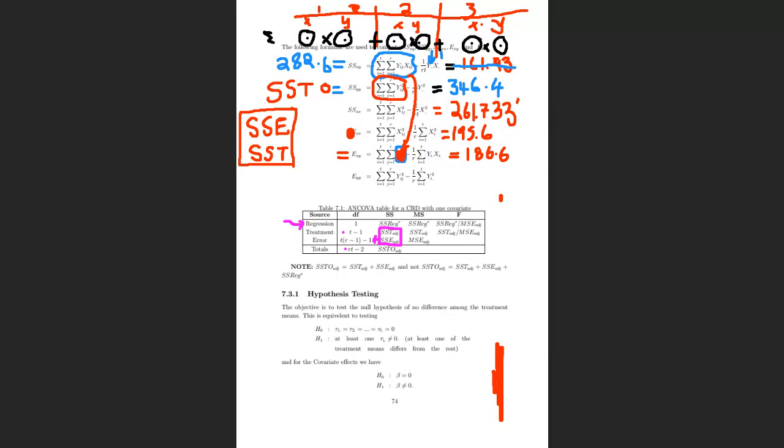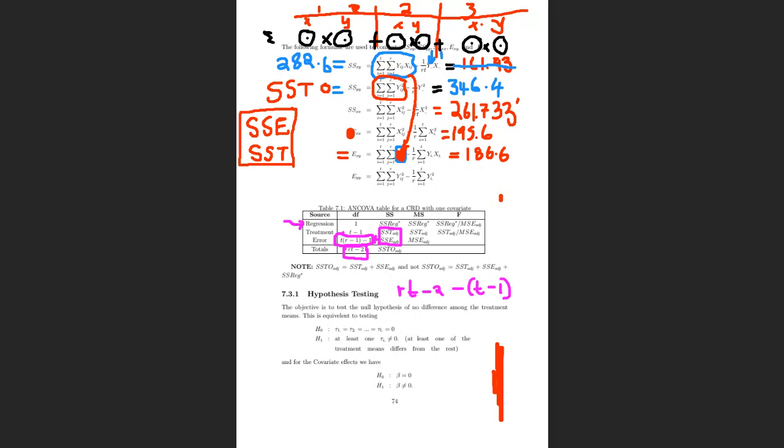This formula, the best way is to first find the degrees of freedom of total, using RT minus 2. From there, the degrees of freedom of error will be RT minus T minus 1. Can someone summarize this? The degrees of freedom of total is RT minus 2.